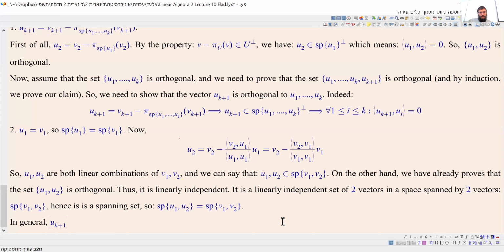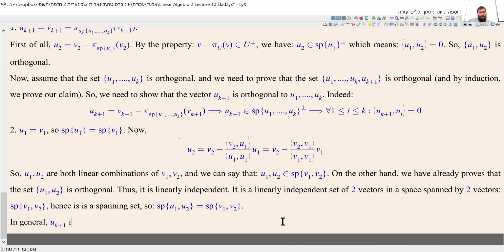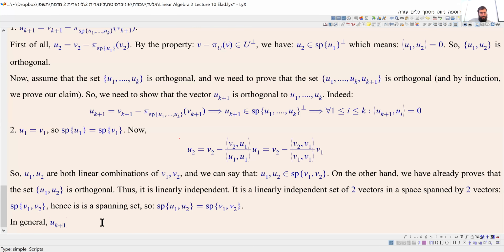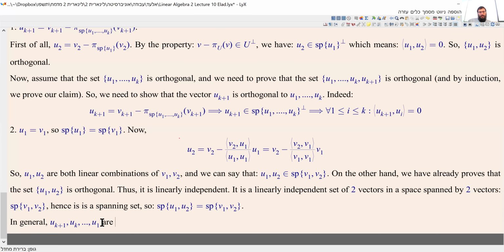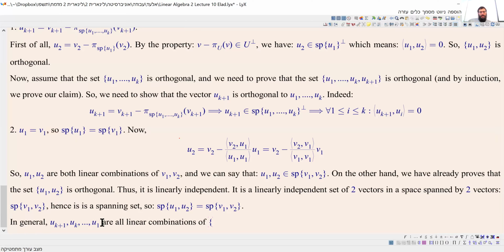U k plus 1 and all the other new vectors are all linear combinations of V1 to V k plus 1.